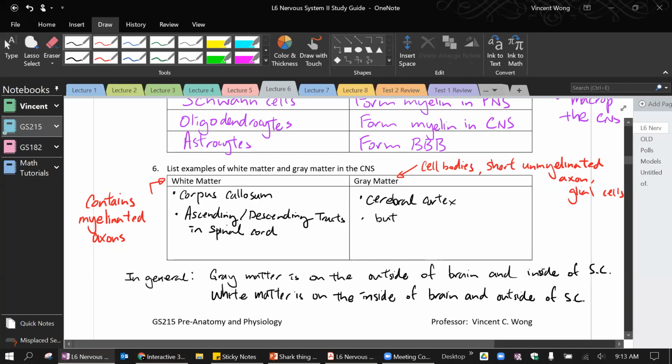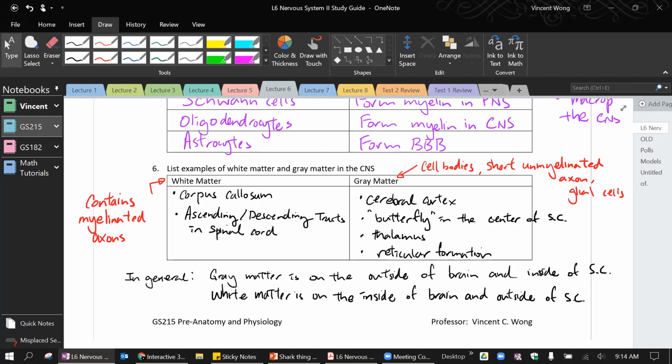We have the butterfly shape in the center of the spinal cord. And we also have things like the thalamus and reticular formation. If you have no idea what these are, they are in the notes. I'll talk more about it later today, perhaps.